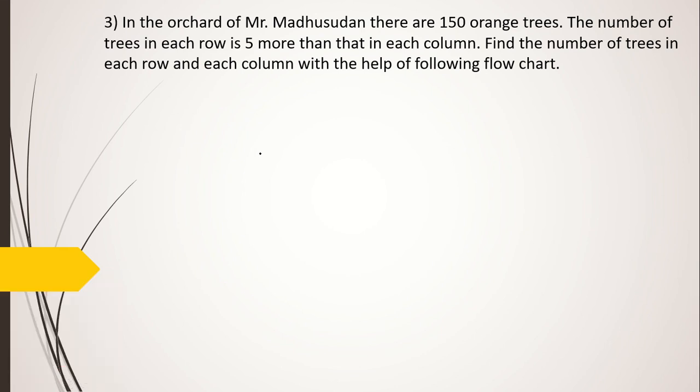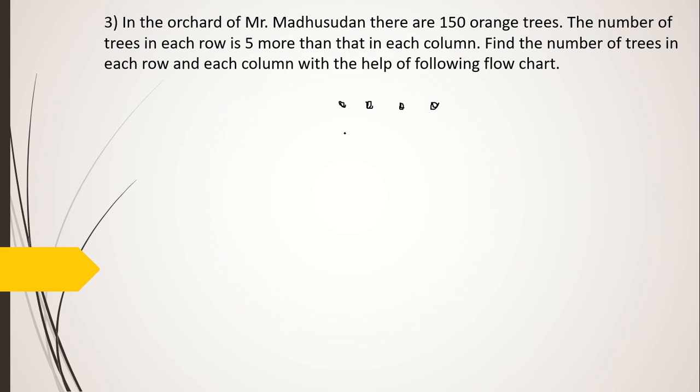But before we go to that activity, first let us understand what is the sum. What is actually given in here. Okay. So in the orchard there are 150 orange trees. But they have arranged the trees in rows and columns. So this logic just understand. Suppose there were 4.